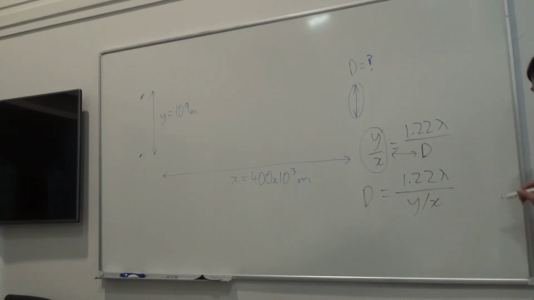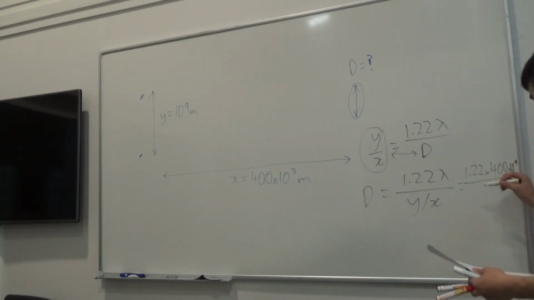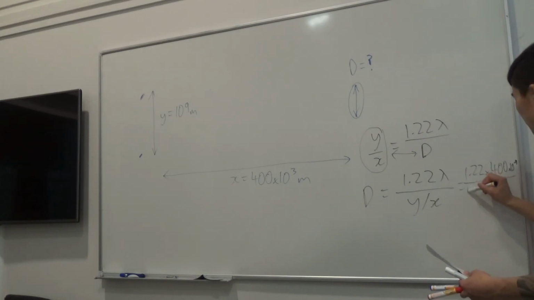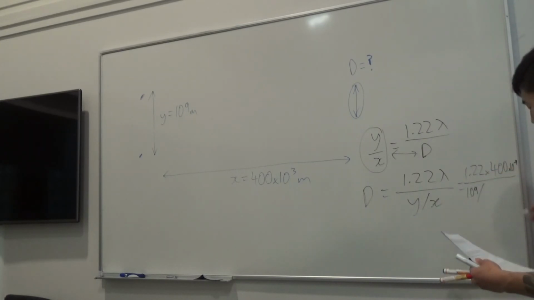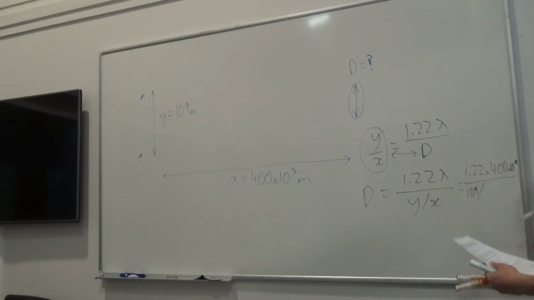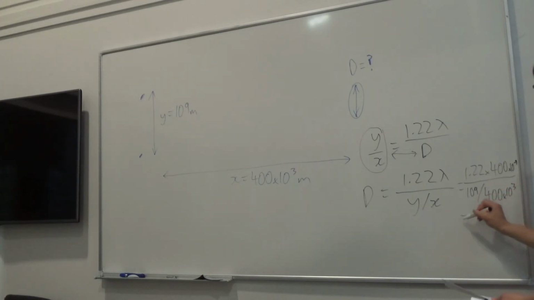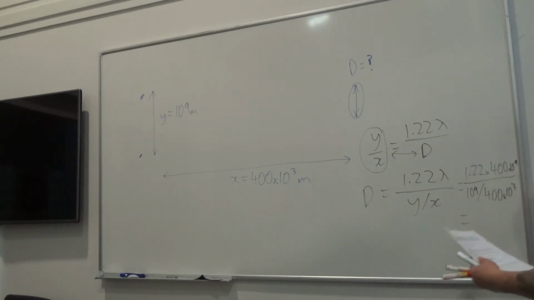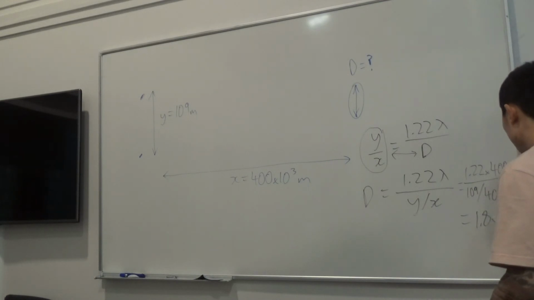So 1.22 times the wavelength, which is 400 nanometers, so 400 times 10 to the negative 9, divided by y, which is 109, divided by x, which is 400 times 10 to the 3, and that would be 1.8 times 10 to the negative 3 meters.